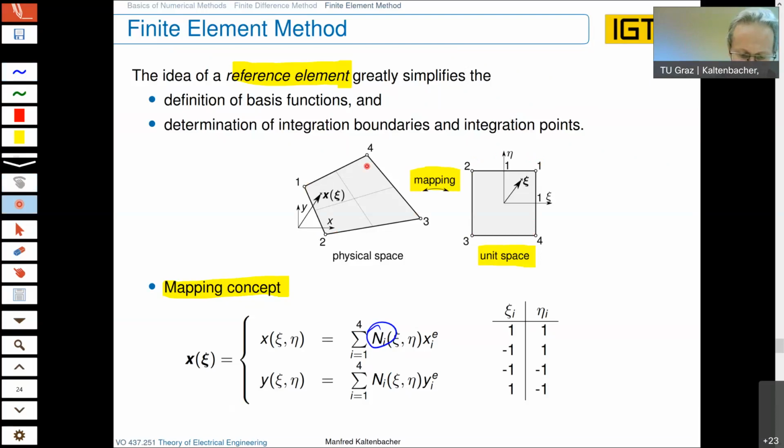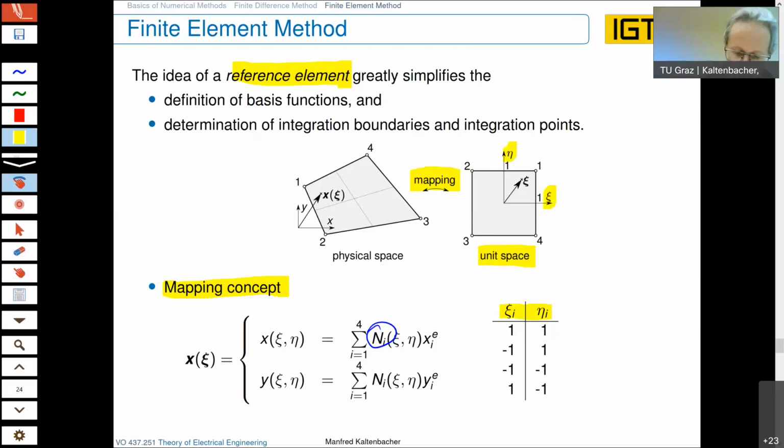And you also make this ansatz that, as we can see here, the nodes of our reference element will always take on the value plus minus 1. So it is a rectangular element going from -1 to +1 for xi and -1 to +1 for eta. Okay.